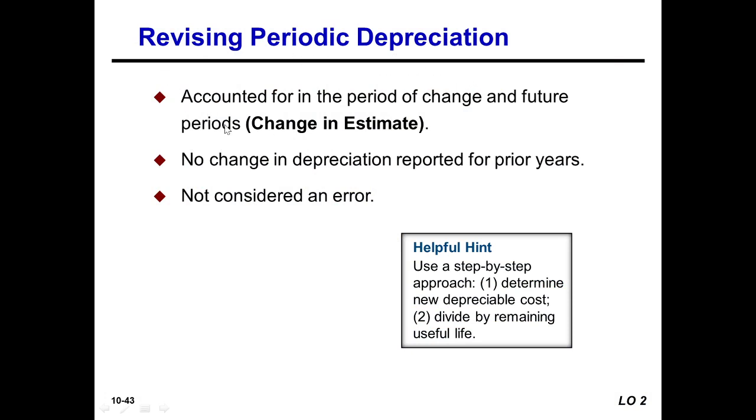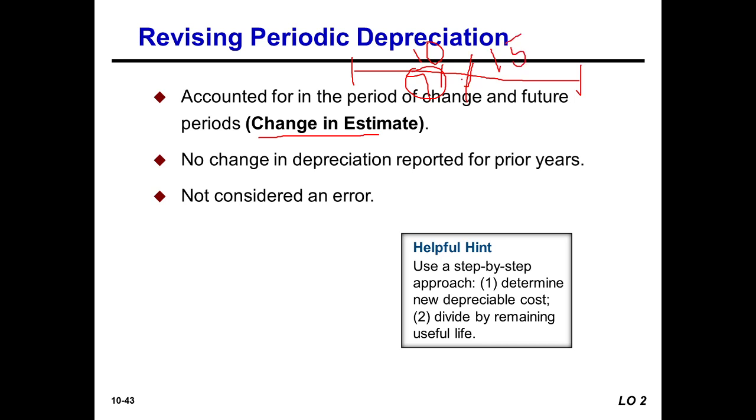Accounted for in the period of change and future periods. Change in estimates. Here the main point is change in estimates. Suppose we have a useful life of 10 years, but after 7 years we estimate that the equipment will run for 15 years.